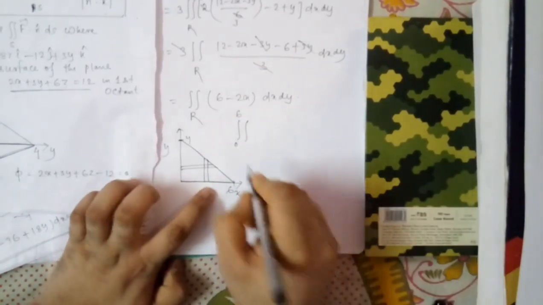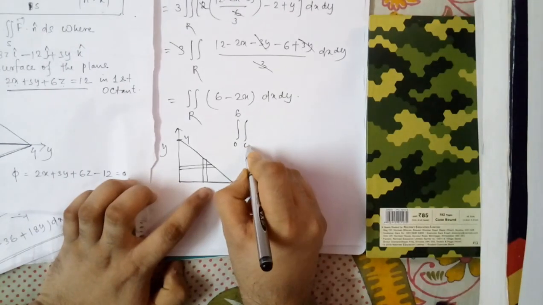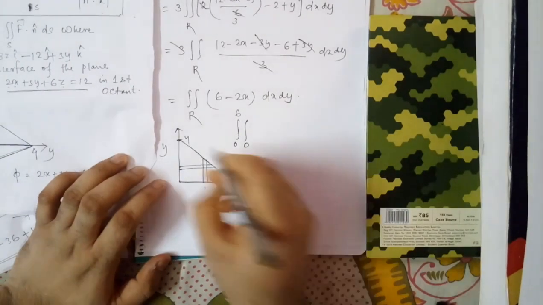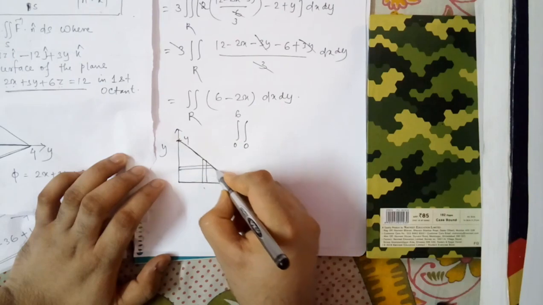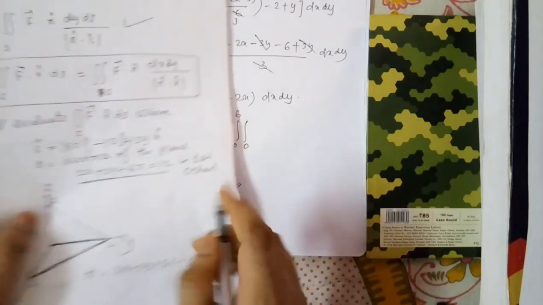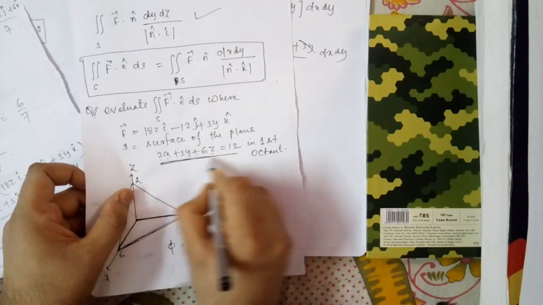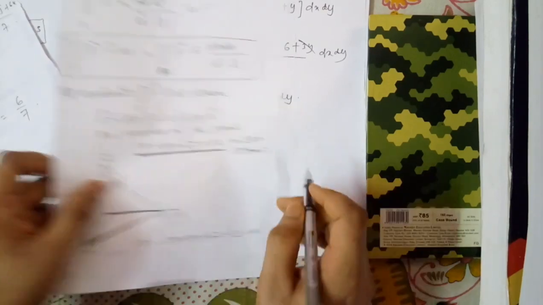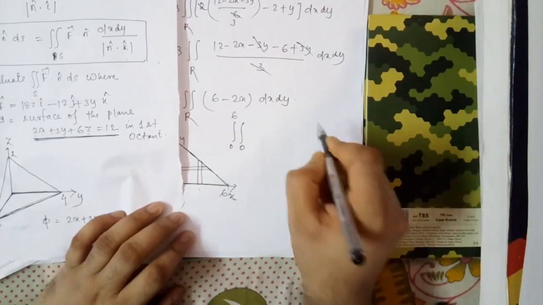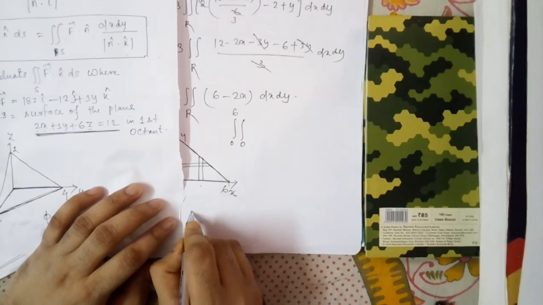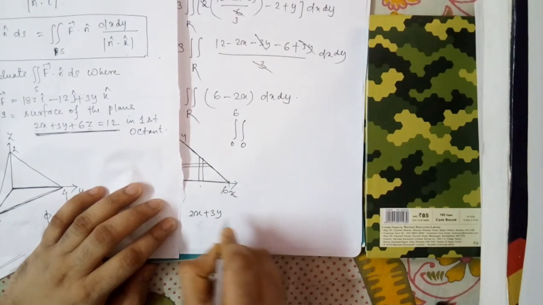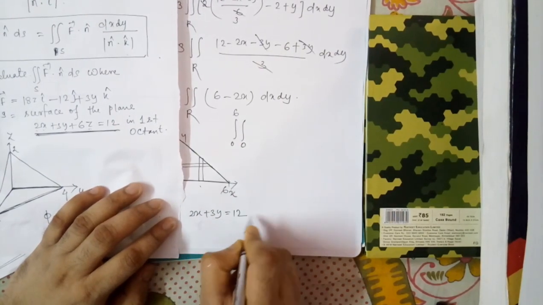and the value of y from 0 to, now we have to find the equation of this line. So simply we put z equal to 0 in the equation of the plane. So we find the equation of the line as, I am writing it here, 2x plus 3y is equal to 12.